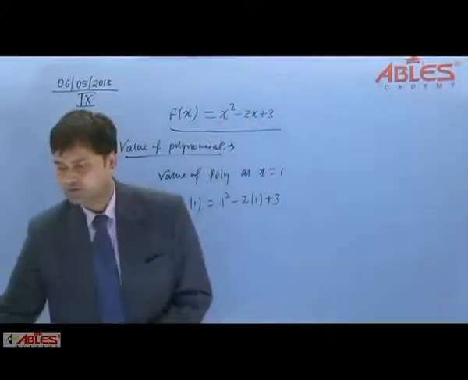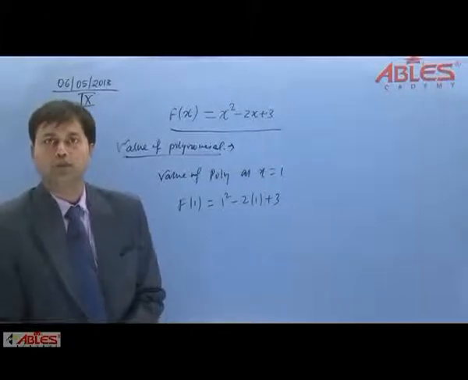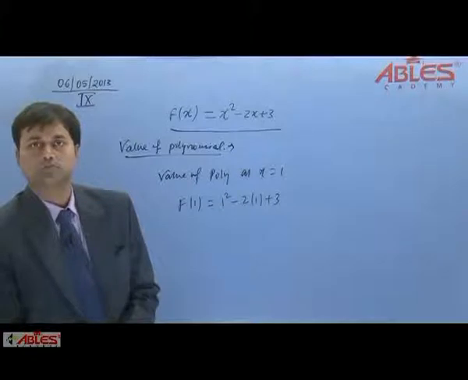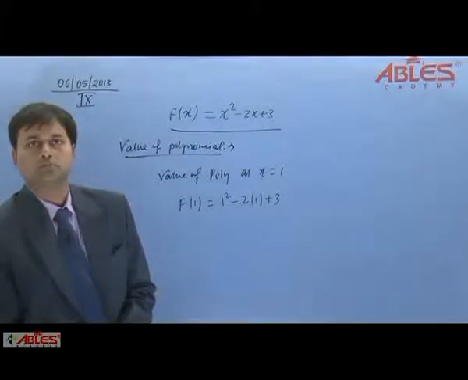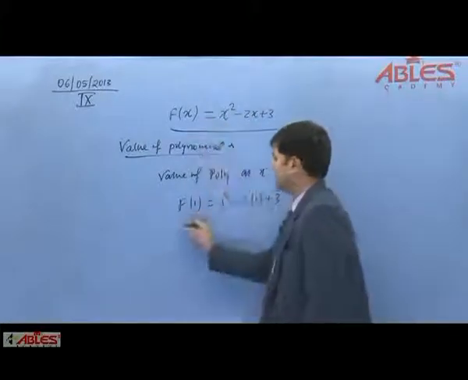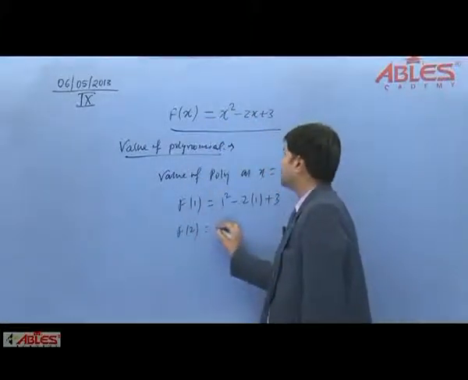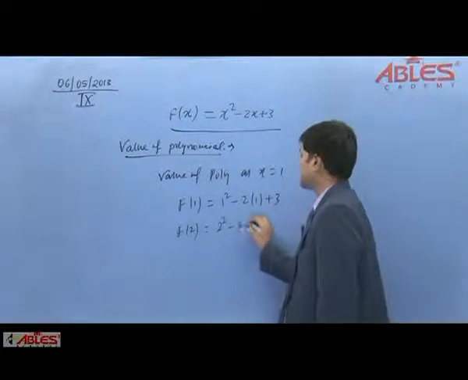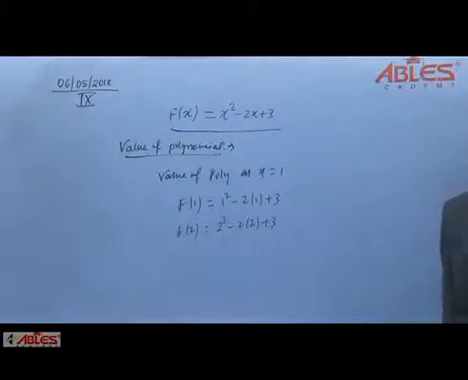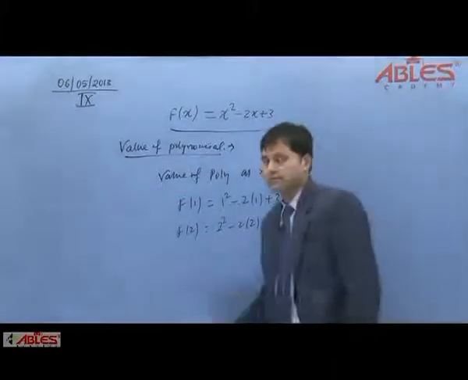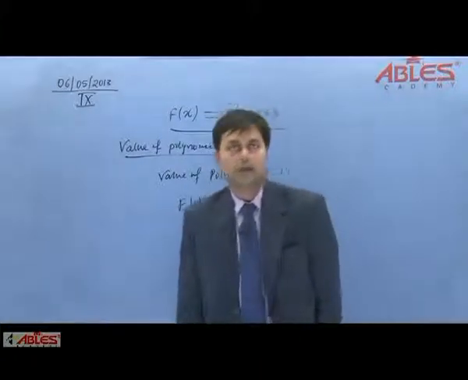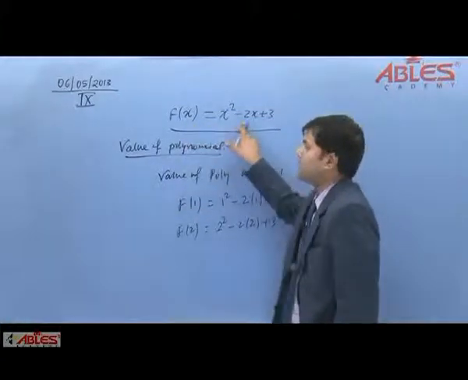Suppose we have to find the value of the polynomial at x equals 2. So you can put x equals 2 here. So f of 2 we will get as 2 square minus 2 into 2 plus 3. In this way, suppose we have to find the value at x equals 5. So you put x equals 5 both sides.